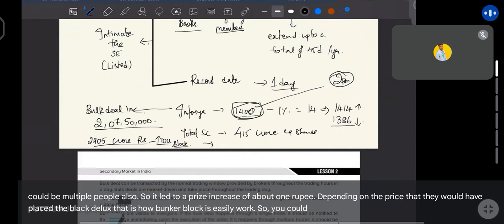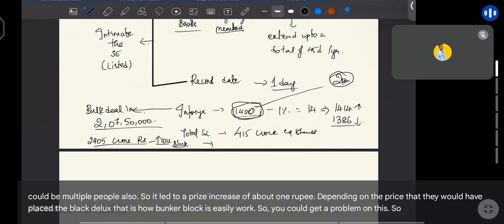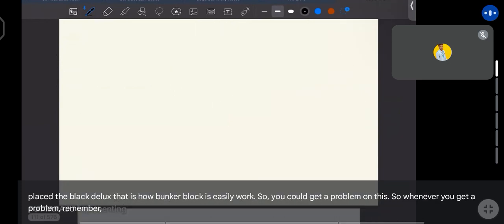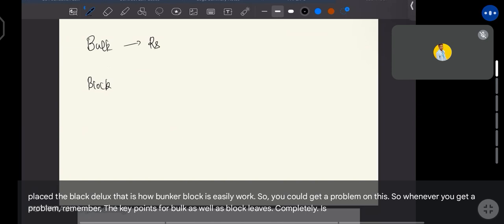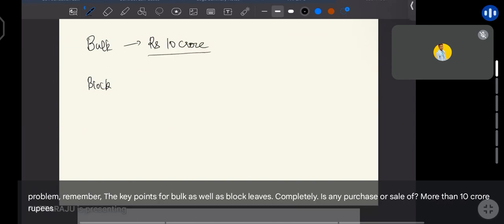So you could get a problem on this. Whenever you get a problem, remember the key points for bulk as well as block deals. A block deal is any purchase or sale of more than 10 crore rupees net.